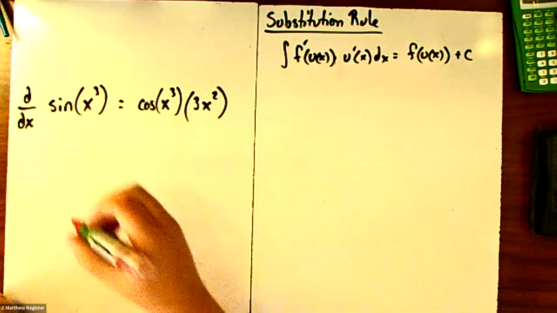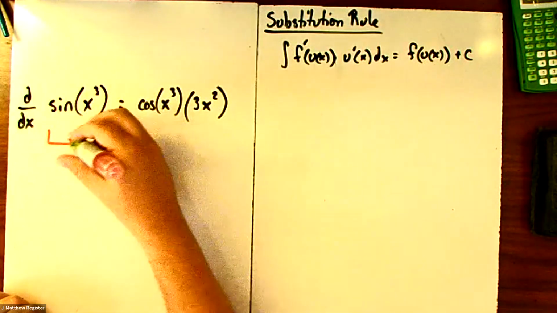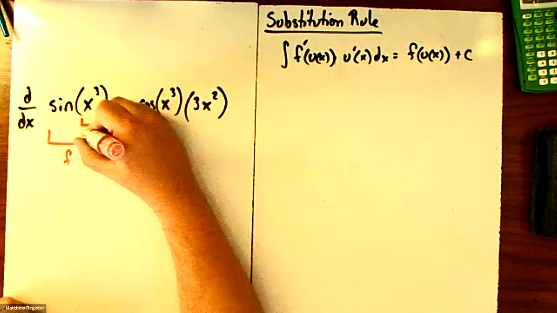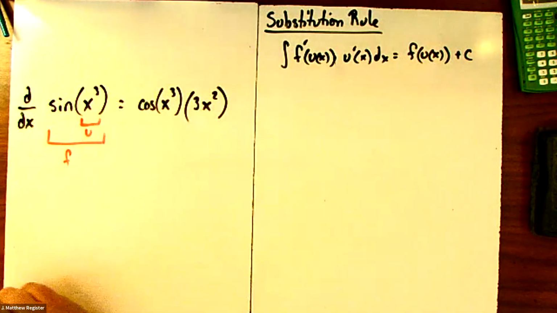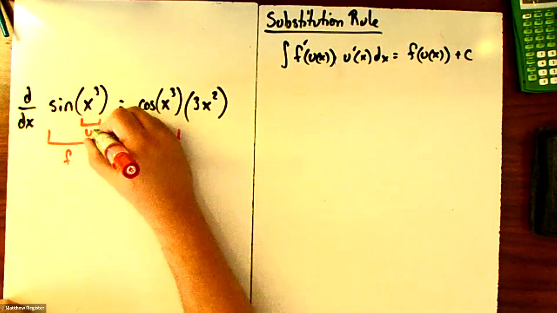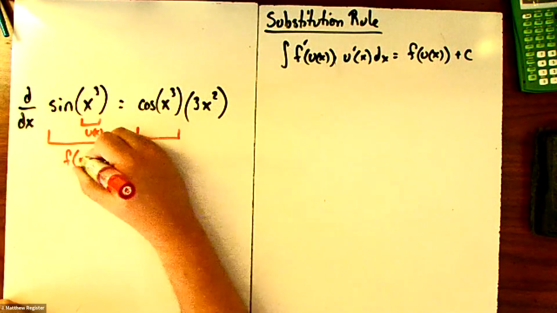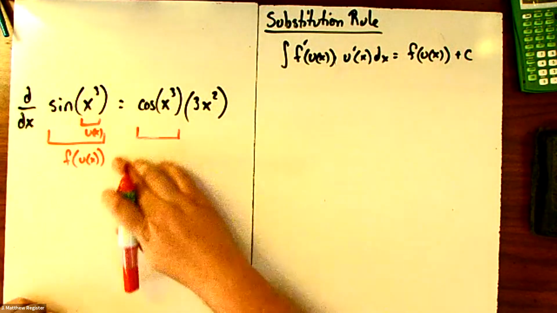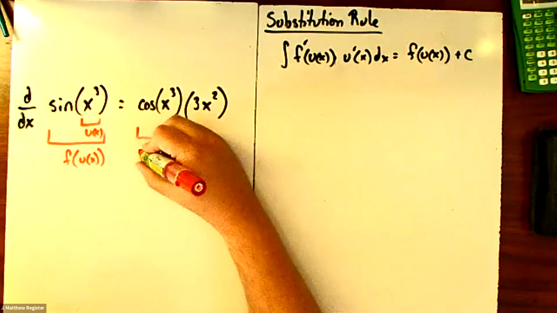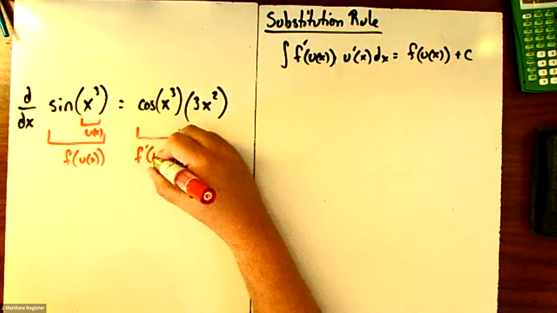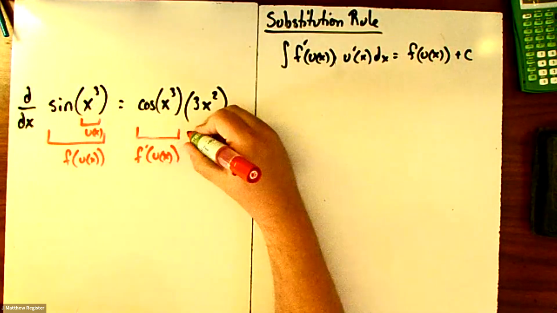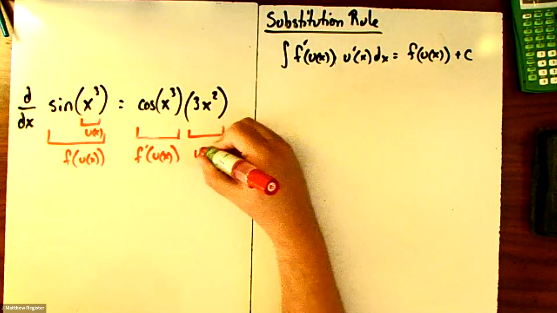If we break this up, what we're saying is that this core function is our function f of x, and this function is our u of x function. So this would be u of x, and this would be f of u of x. This bit here, cosine of x cubed, is really f prime, but it still has the u of x on the inside because the x cubed is still the x cubed. But then it's being multiplied by u prime of x.